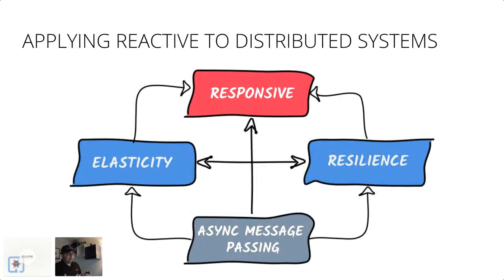So again, by using messaging, it's easier to implement what we call a reactive system. Reactive systems are distributed systems with these 4 characteristics. They have been defined by the Reactive Manifesto. You can Google these terms. It's a 4-page document that is very well written and explains how to build such kind of systems. And the core idea is to use asynchronous message passing. Thanks to this, as we have explained in the previous slides, it gives you elasticity and resilience, and so you become responsive.